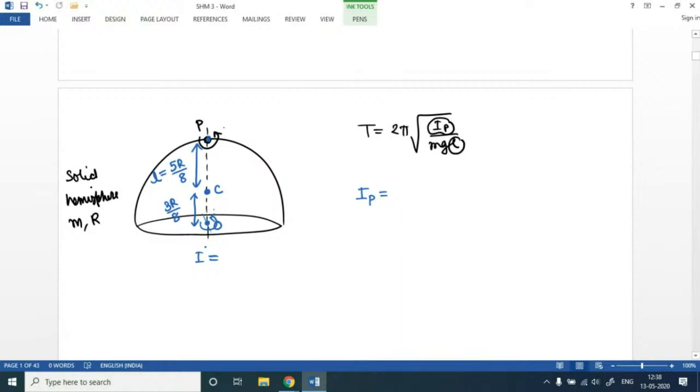So for the hemisphere also, due to the symmetrical mass distribution, I_O would be nothing but 2 by 5 mr square.